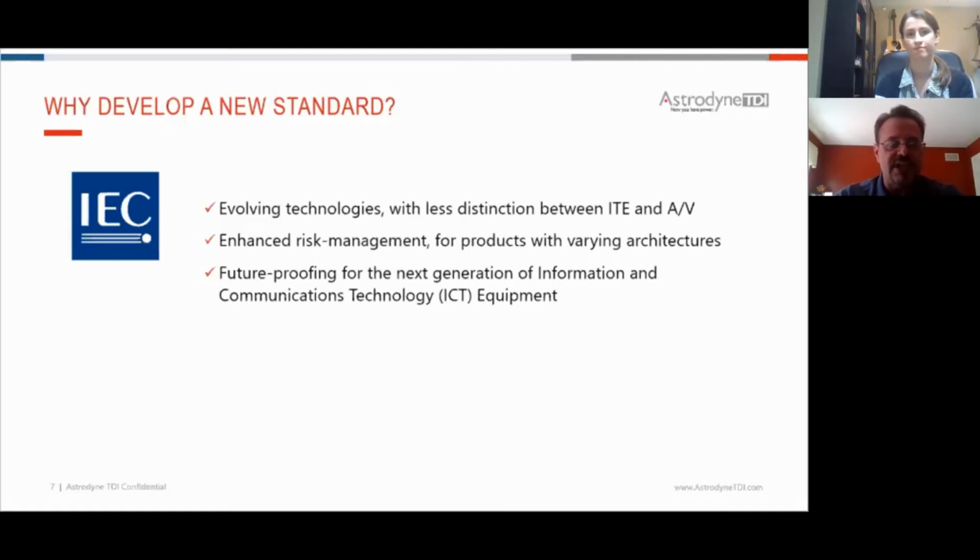In addition, they're looking at future-proofing for the next generation of products. So the new combined standard is covering a group of products that's being called information and communication technology equipment, or ICT. So I think you'll start to see the ICT acronym being used a little more in favor of ITE or ITE and AV.